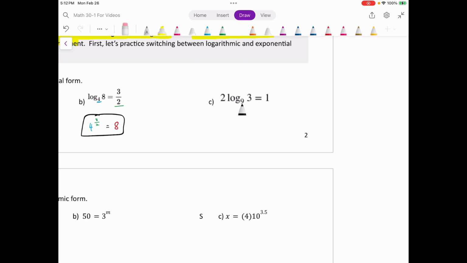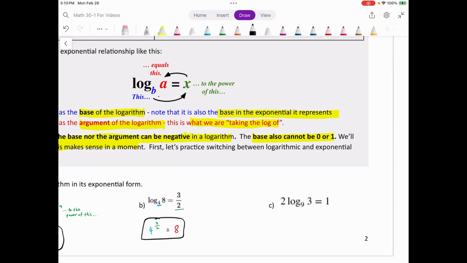Ready? 9 to the power of 1 equals 3. Hang on a sec, I never used that 2. The 2 is clearly important. It matters here, right? So I can't just leave it out. What's more, you can tell something's wrong because 9 to the power of 1 does not equal 3. 9 to the power of 1 would equal 9. So notice, this sentence, this to the power of this equals this, we're not leaving anything out when we do it here.